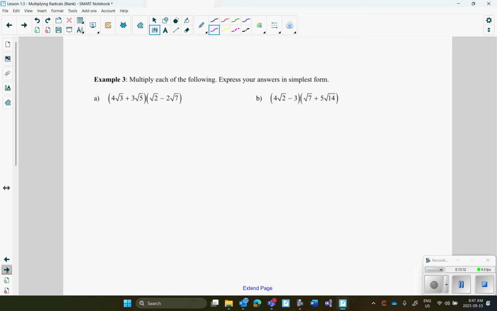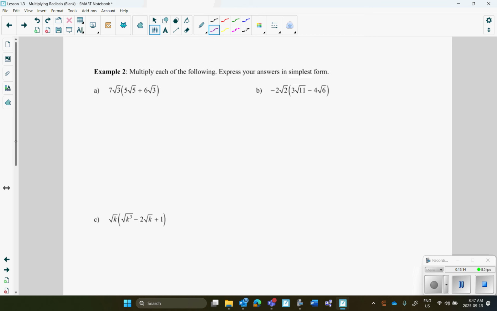Okay, example 2 I want to look at. What do you think you would do here? It's like 2x plus 2y: I have to do 2 multiplications.